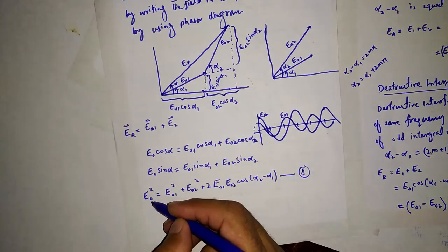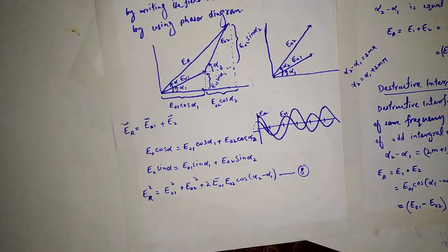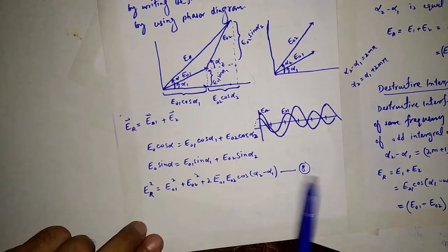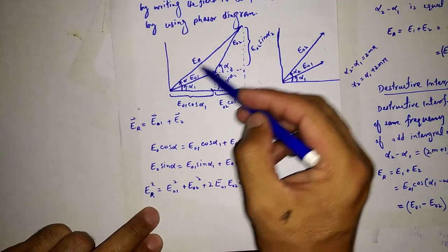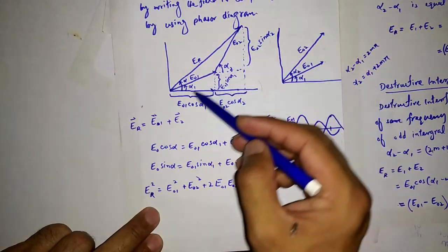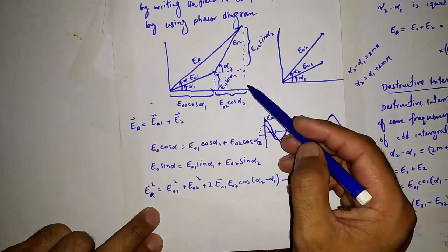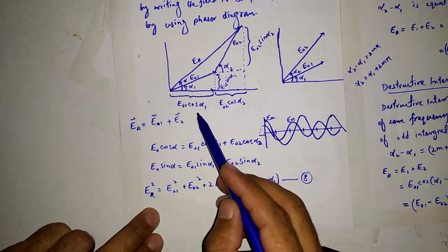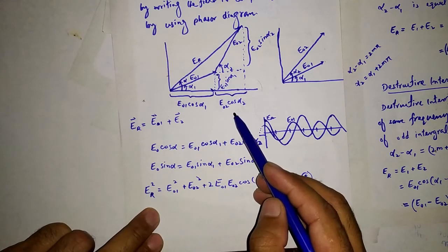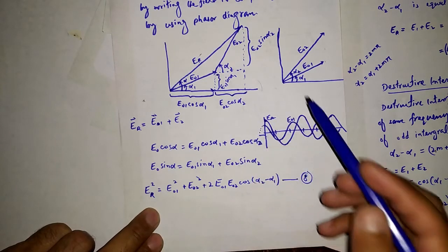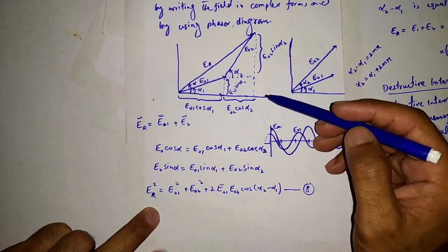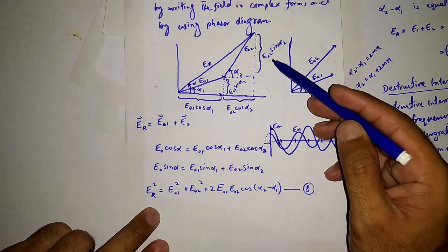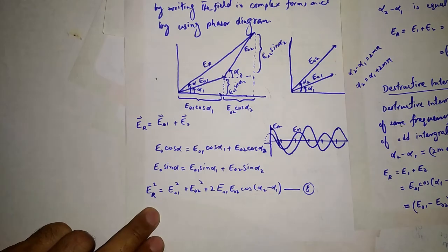Let me write it as ER, because the resultant wave is ER. The square of this side is equal to the square of this side plus this side, so it will be E naught 1 cos alpha 1 plus E naught 2 cos alpha 2 whole square plus E naught 1 sin alpha 1 plus E naught 2 sin alpha 2 whole square.